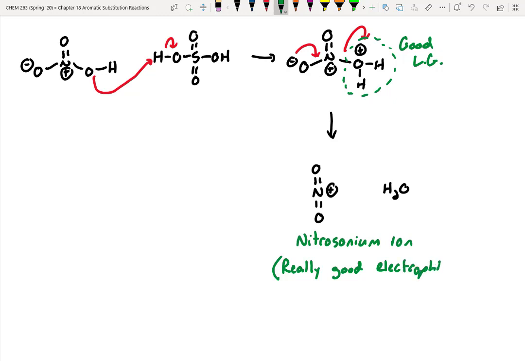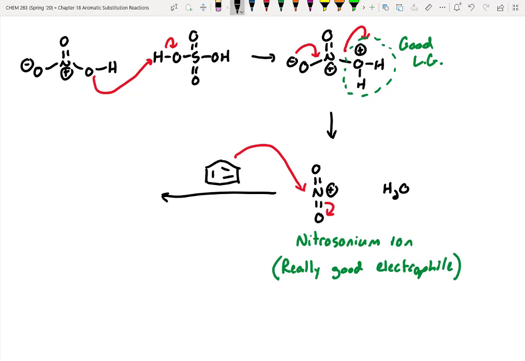Just like we saw in the sulfonation reaction, benzene isn't a very good nucleophile, so the only way to get around that is to have a really good electrophile. So in the next step, we're going to treat this with our aromatic ring, in this case benzene. Like we said, it's a weak nucleophile, but that's okay. We've got a strong electrophile. So I'm going to have this attack the nitrogen with a positive charge and kick electrons over to oxygen.